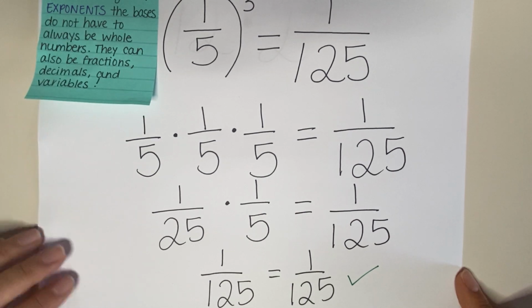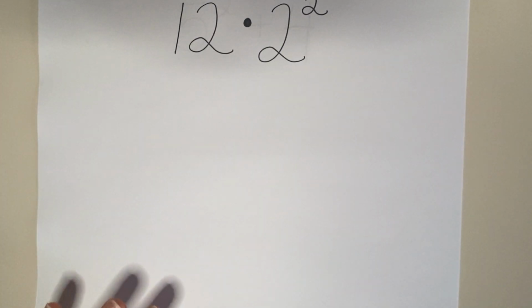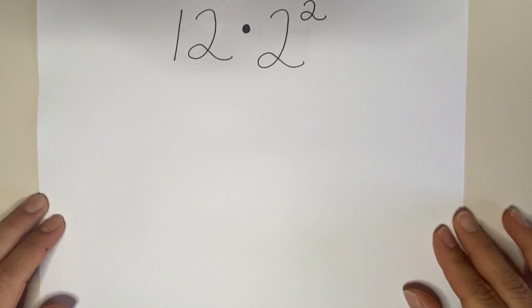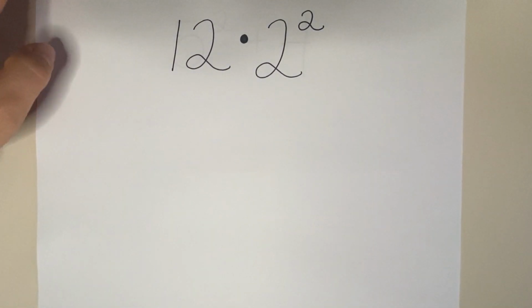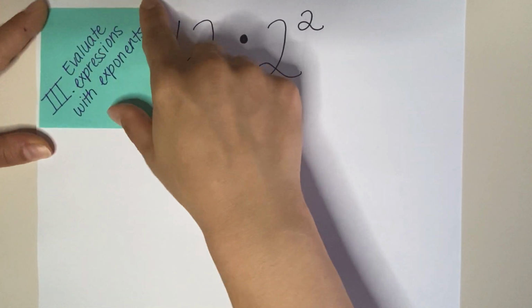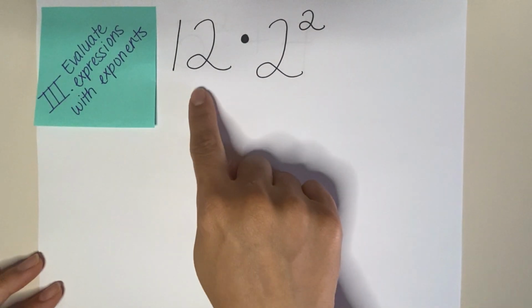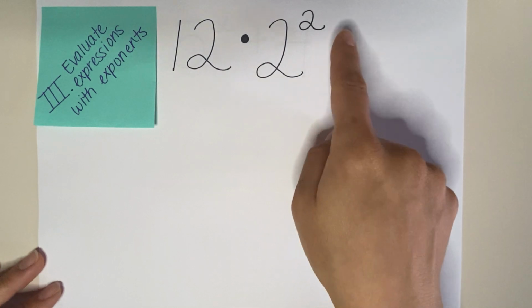All right. Well, we are now moving on to the last part of the video. In this last part, we are going to evaluate expressions with exponents. So evaluate just means to solve. So we have here 12 times 2 to the second.